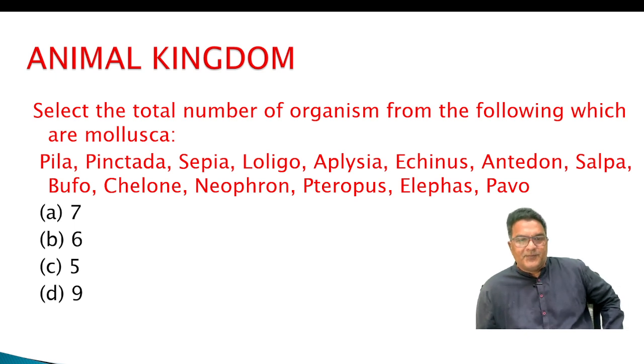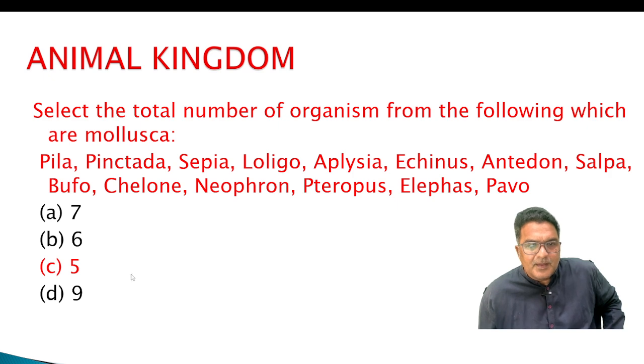Bufo, toad, Amphibia. Chelone, turtle, is from Reptilia. Neophron, vulture, from Aves. Pteropus, Elephas, Pavo are mammals and a bird: flying fox, elephant, and Pavo cristatus. Okay, so we have 1, 2, 3, 4, 5.